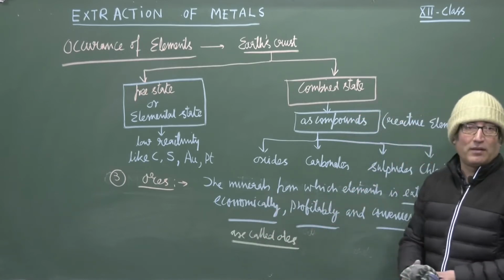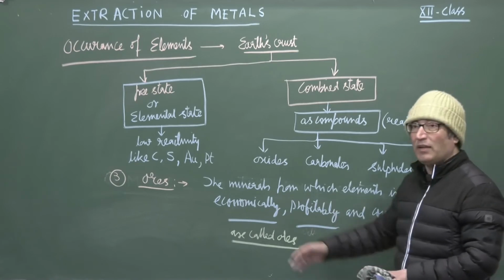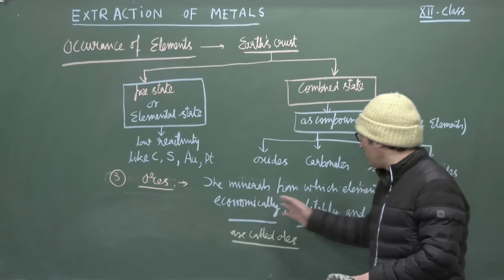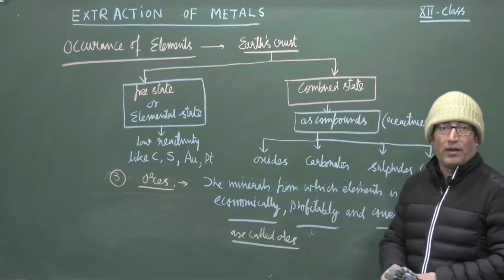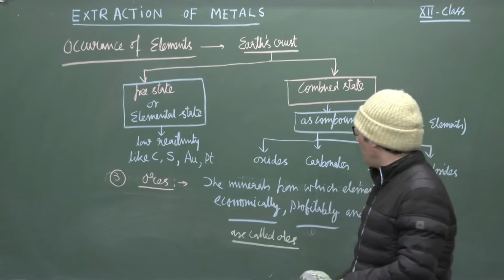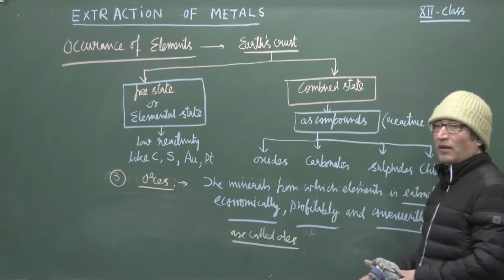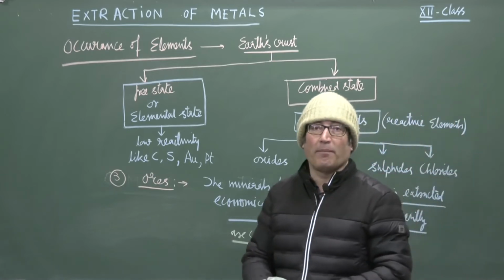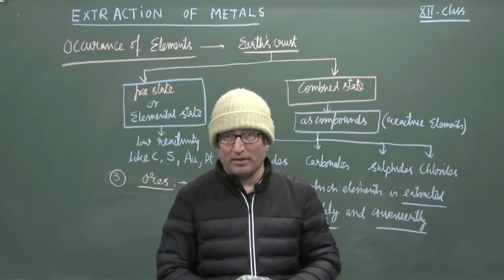That means metal is not extracted profitably, economically, and conveniently. Those minerals which do not satisfy these three criteria are not used for extracting metal, while those minerals which satisfy these criteria become the ores, and from the ores a metal is extracted profitably.